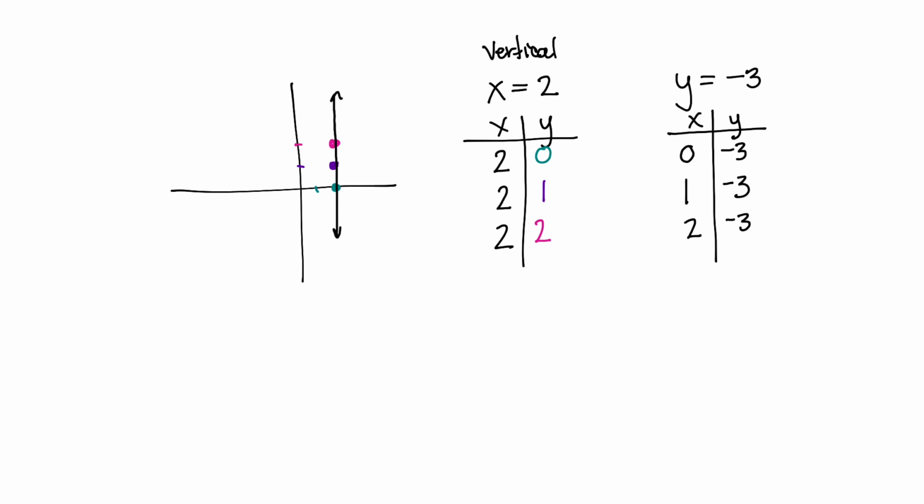Rather than erasing, I'm just going to make these into colors. So no matter what x is, y has to be negative 3 every single time. Graphing those now, 0, negative 3 is down here. 1, negative 3 is here, and 2, negative 3 is there. So it becomes a horizontal line.